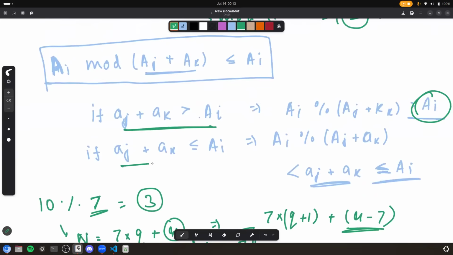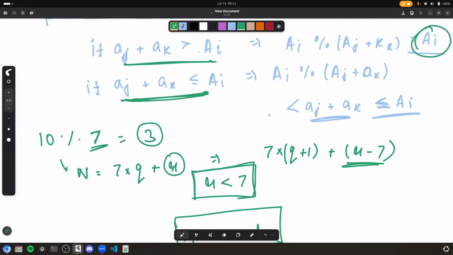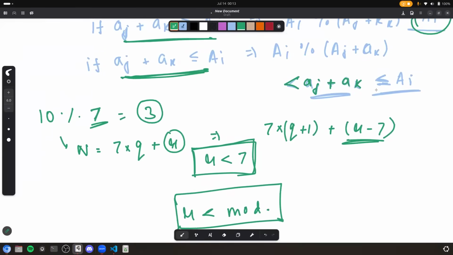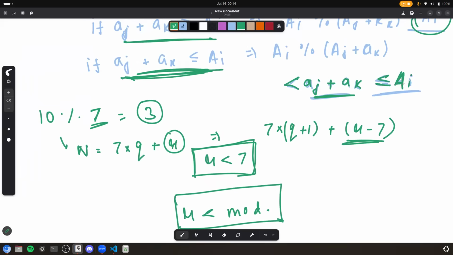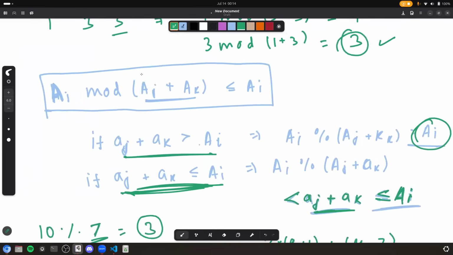But if AJ plus AK is less than or equal to AI, then we would get some modulo which would be less than AJ plus AK, since the remainder is always less than the mod. And since we already took this as less than AI, it would be less than or equal to AI.